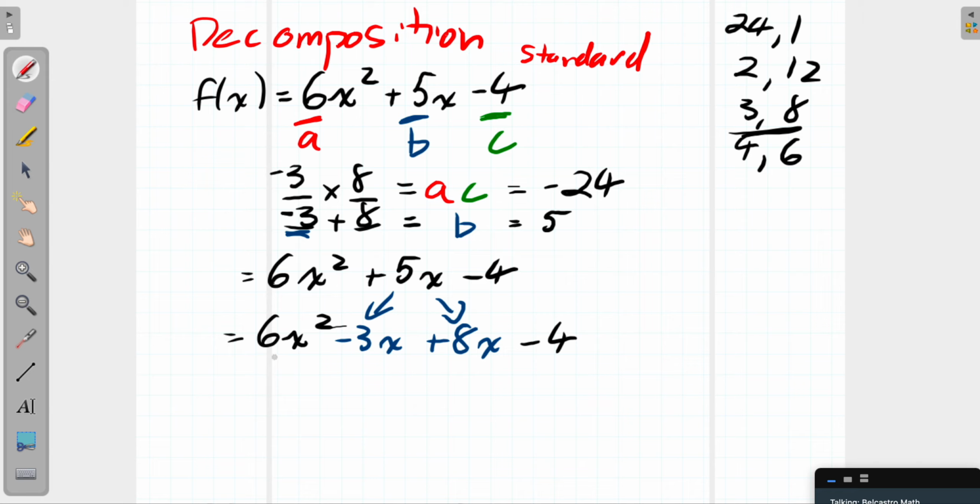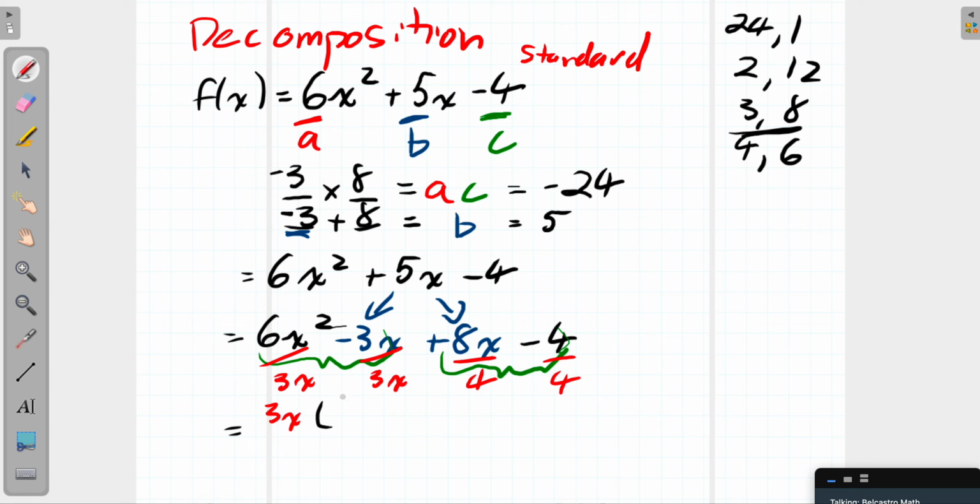So we have our first group, the first two terms, and our second two terms. In the first two terms, we can take 3x out of both of these. And in the second two terms, we can take 4 out of both. So 3x becomes the common factor.